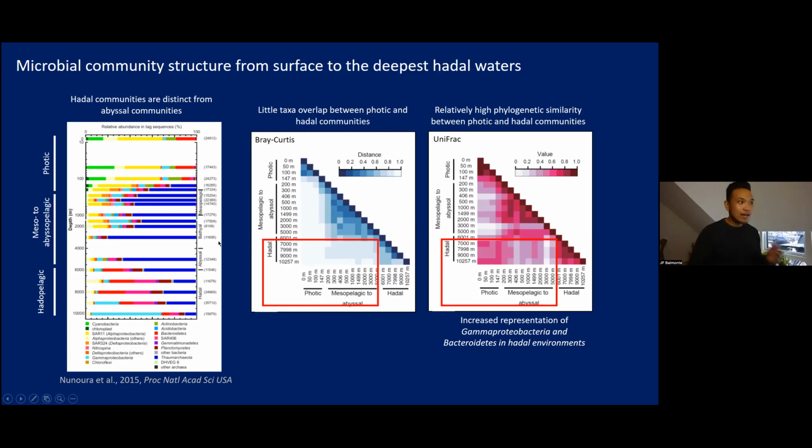And qualitatively and visually, you can see that there's increased representation of Gammaproteobacteria, which I believe is in the turquoise here, and Bacteroidetes, which is in the red, in hadal environments, whereas those are a fairly minimal representation in the meso- to abyssopelagic, but then they sort of make a comeback. They're apparently not the same ones, as the Bray-Curtis dissimilarity index indicates, but they are very closely phylogenetically related.